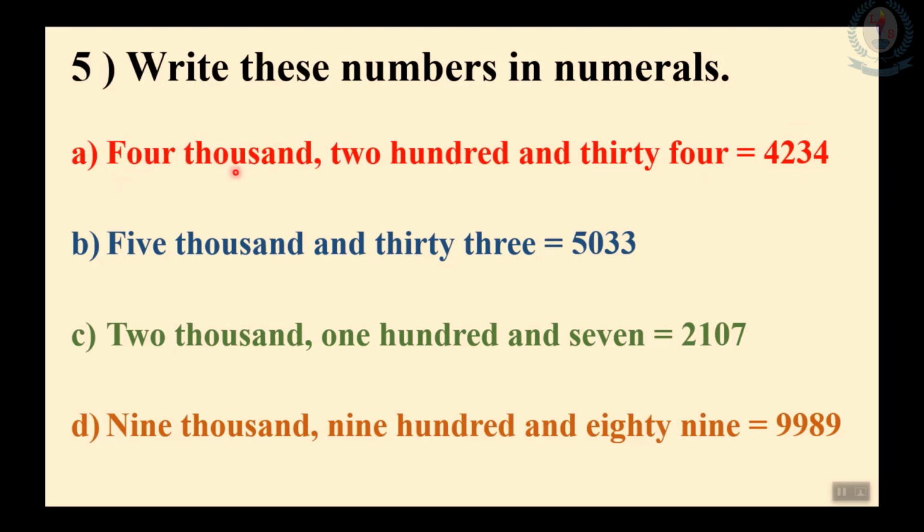Here, 4000. First we write thousands, then hundreds, then tens, then ones. You have to write it that way. This is the way of writing in numerals, and this is the way of writing values in words.